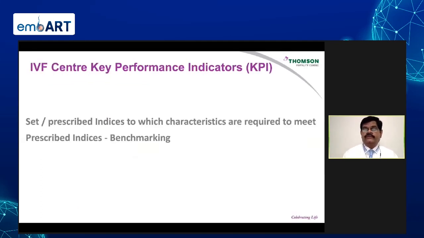So we should have key performance indicators identified for these characteristics. So what are these key performance indicators? These are already set or prescribed indices which characteristics are required to meet. And when you follow prescribed indices, you are already benchmarking your center.